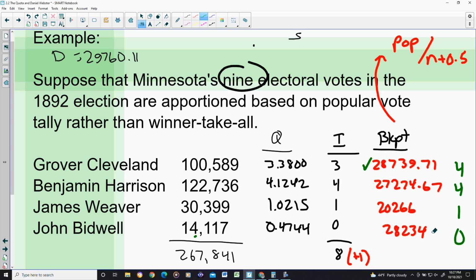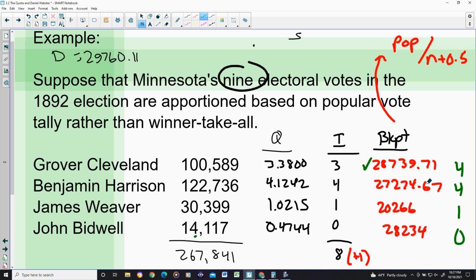Think about having your secondary political parties, your third-party votes and whatnot nowadays. They don't get any electoral votes, but they get votes. They get popular votes, but not electoral votes. Same situation here. Okay, so in this particular case, Grover Cleveland gets 1, so it's 4, 4, and 1 for Mr. Weaver.